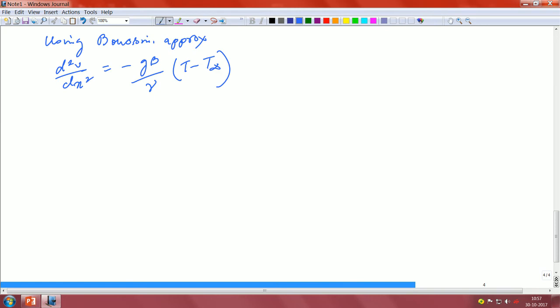g beta by gamma into the T minus T infinity, okay, is generally a problem which cannot be solved, because you have velocity as an unknown, you have temperature as an unknown. So, what we need to do is basically you need to couple it with your energy equation, right, and solve it kind of together. Together you have to solve these two equations, okay.